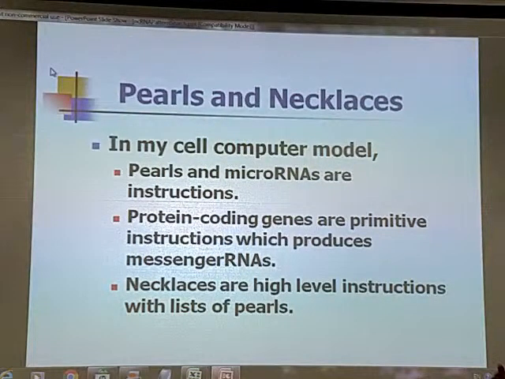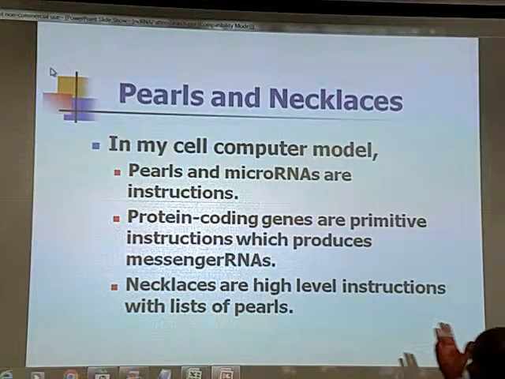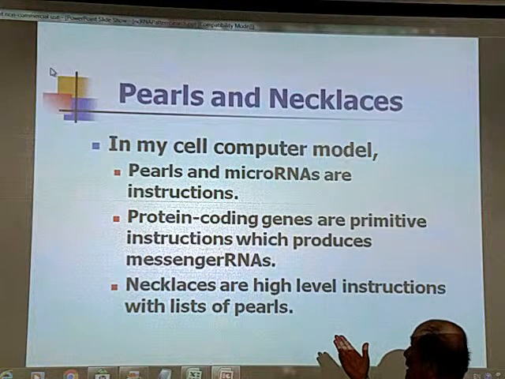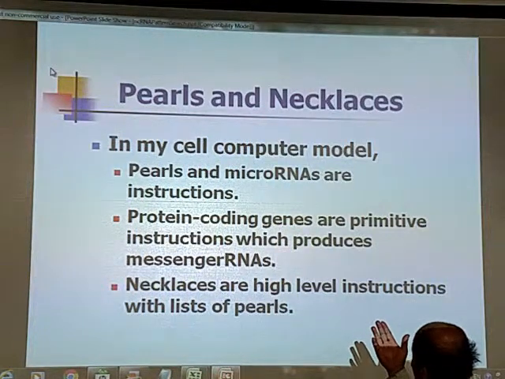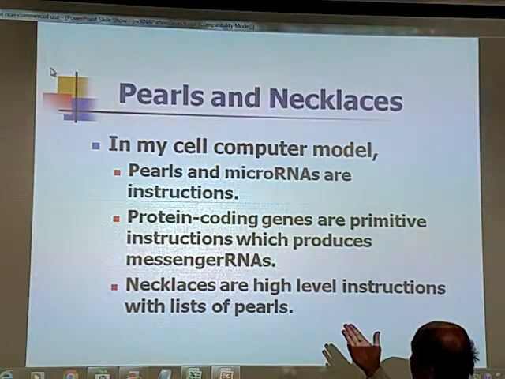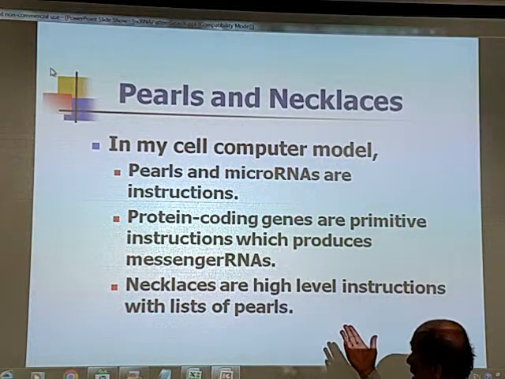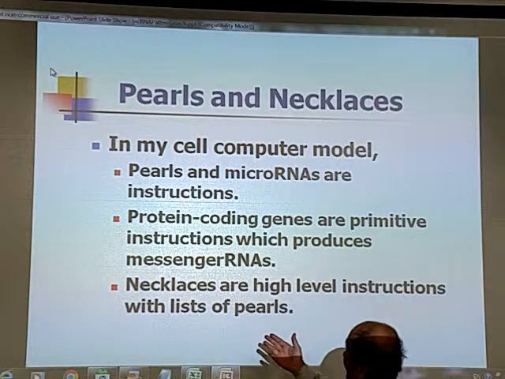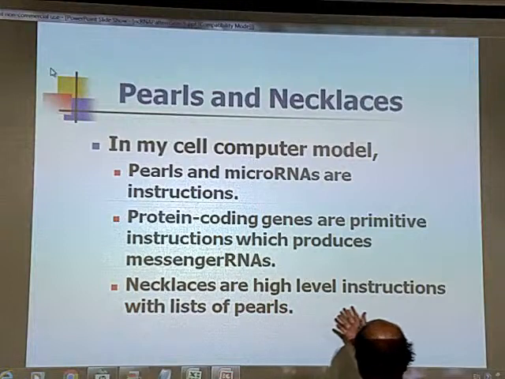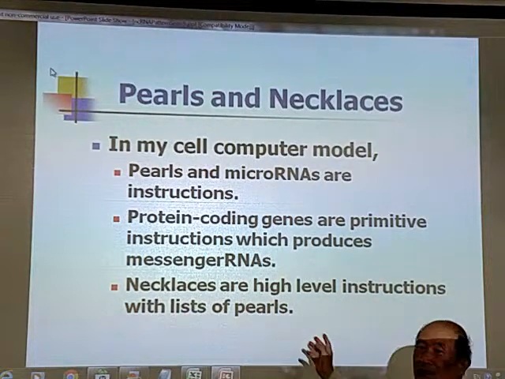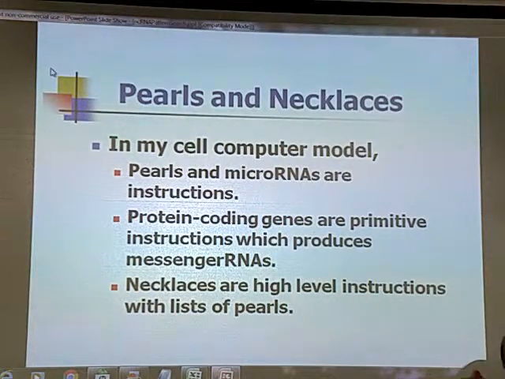In my cell computer model, pairs and microRNAs are instructions, okay? And protein coding genes are primitive instructions which produce messenger RNA. And necklaces are high-level instructions with lists of pairs. So theoretically, as a computer, the computer would work this way, okay?